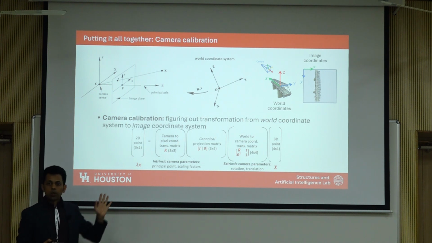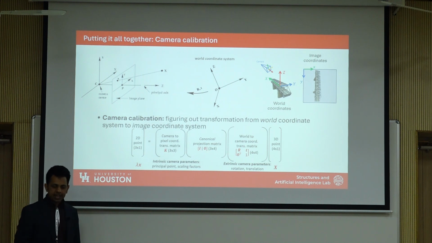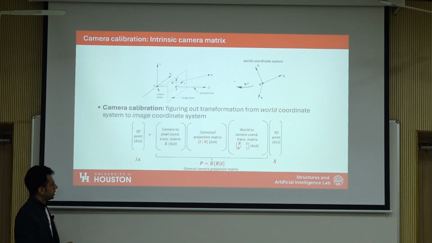And these include, in what we saw, just the focal length, but they also include other things like the principal point and the scaling factors, which we'll look at in just a minute. But now we can represent this projection matrix as the product of these matrices. Okay, so P times capital X is going to be equal to lambda times small x, and P is K times this extrinsic matrix represented as R slash T.